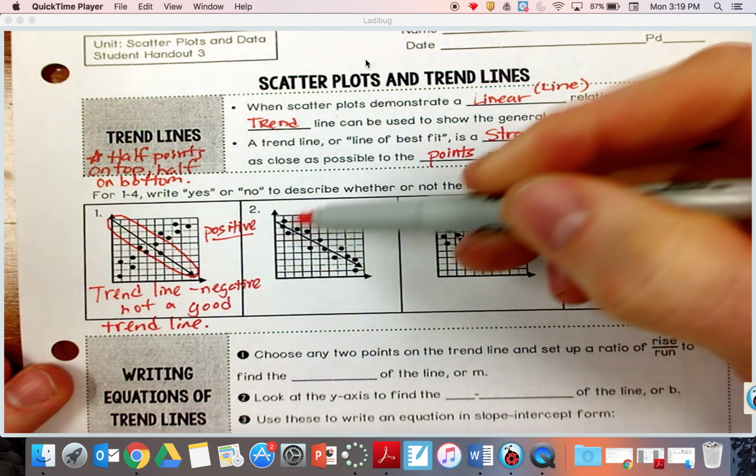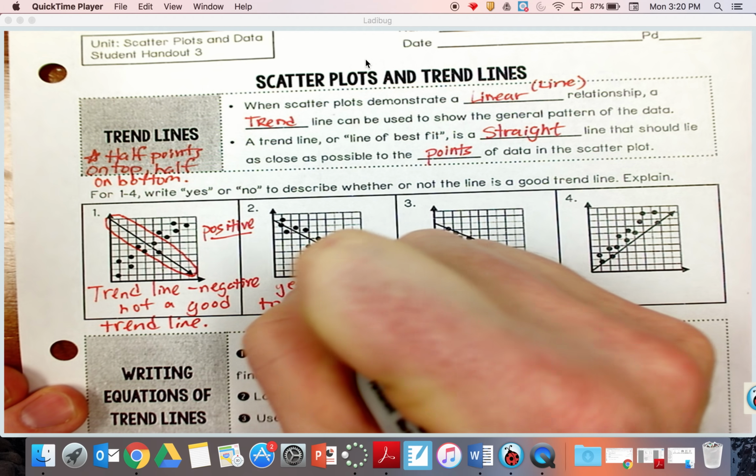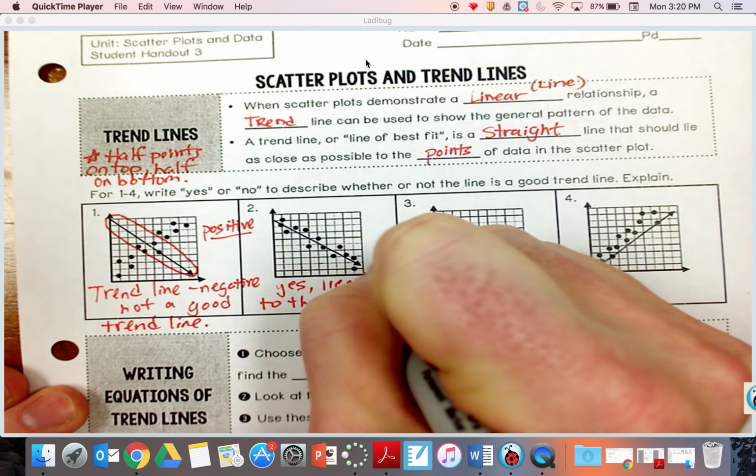So this is a yes, because it lies close to the points of the scatter plot. This trend line is flowing through the middle of these points, so those points are hugging that trend line. It is a very good trend line because it's going through most, if not pretty close to all, of those points on our scatter plot.